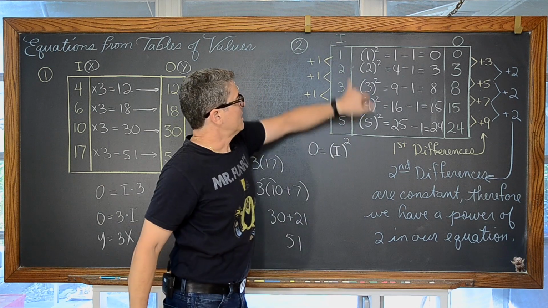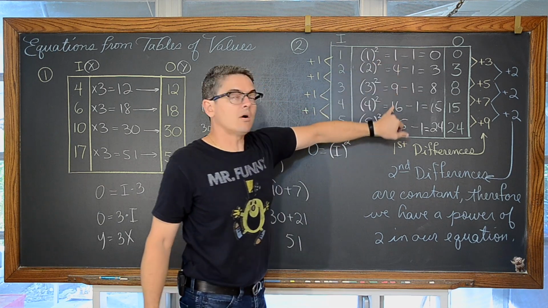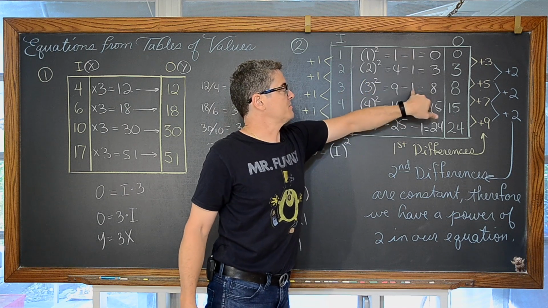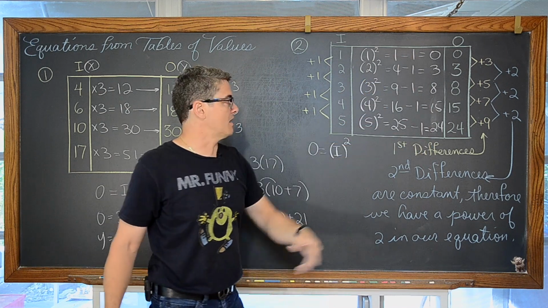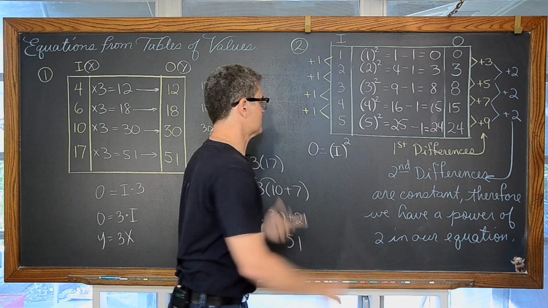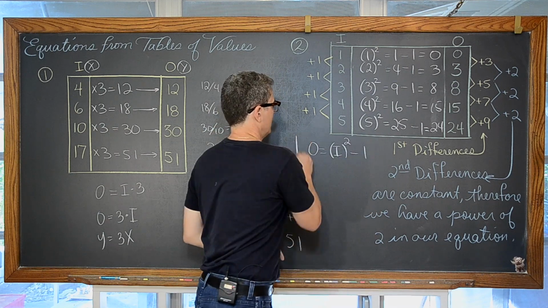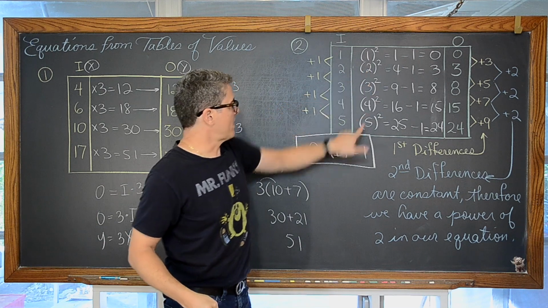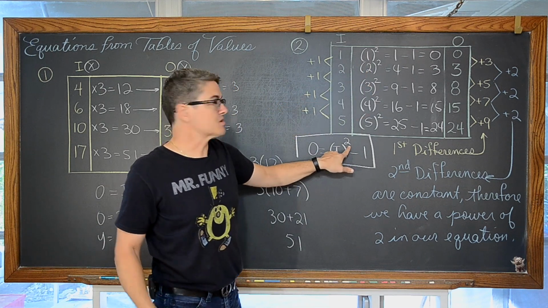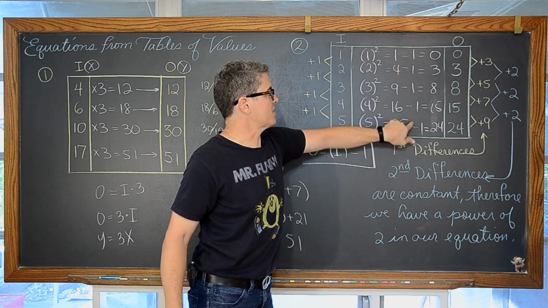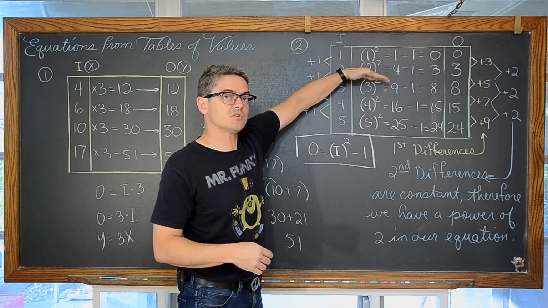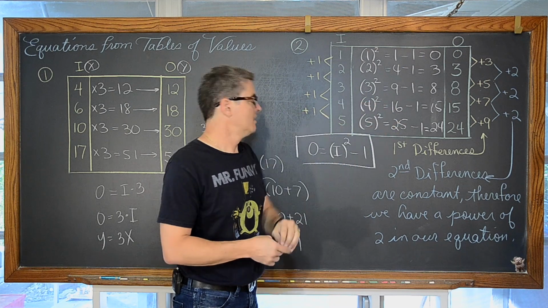And after we squared all the input values, we simply had to subtract 1 on every single one of those lines, and we had an output value that checked. So minus 1. The input value is being squared, and every single line I had to subtract 1. That is my formula. I can see it through the repetition in each one of these lines of arithmetic.